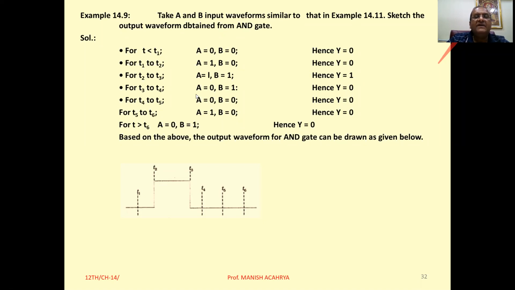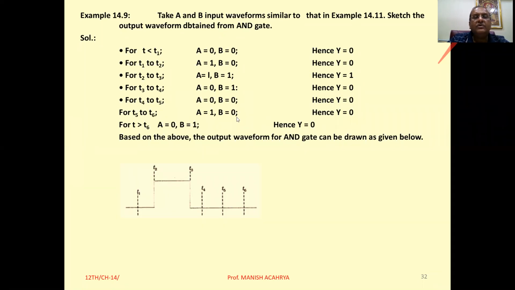Clear? Then T3 to T4, A is 0, B is 1, hence Y equal to 0. So T3 to T4, Y is 0. Then T4 to T5, A 0, B 0, so Y 0. T4, T5, this 0 level.